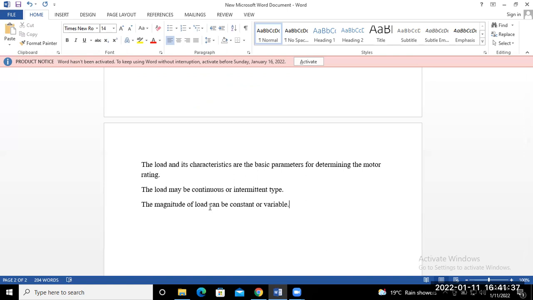Now if you classify electric drives on the basis of power supply, that means either AC or DC. The electric motor may be a DC or AC motor.